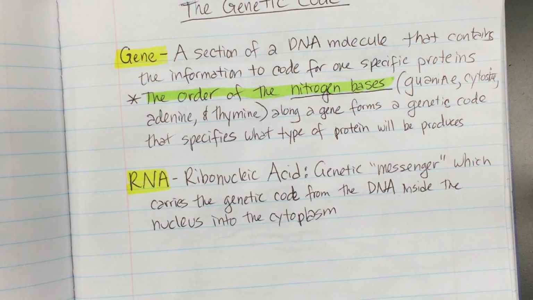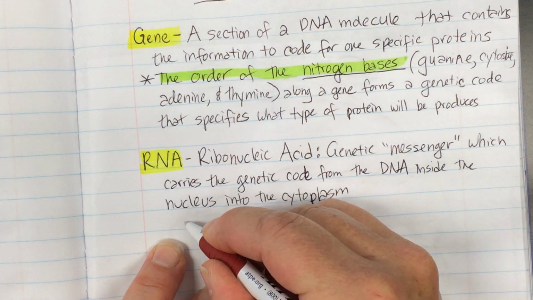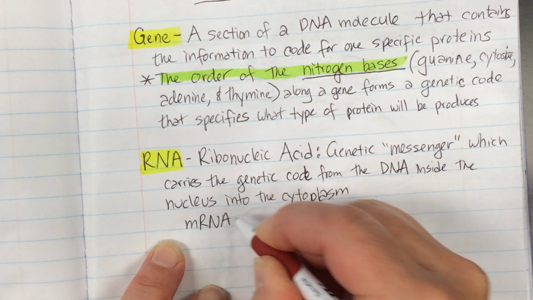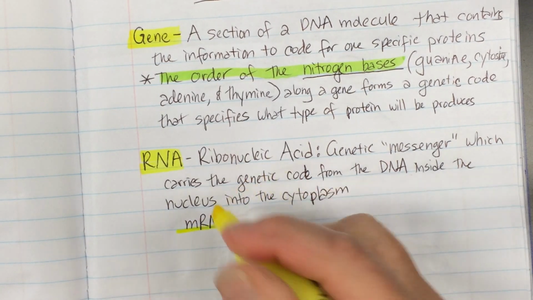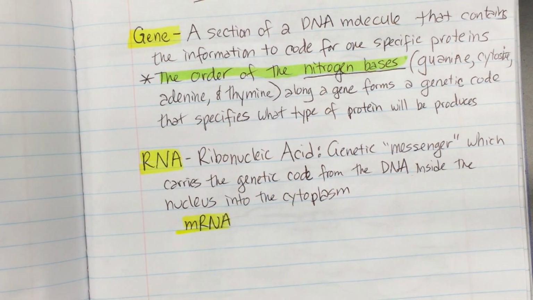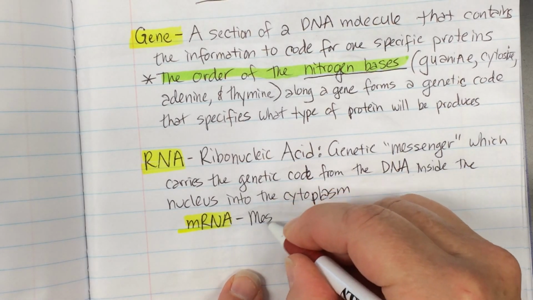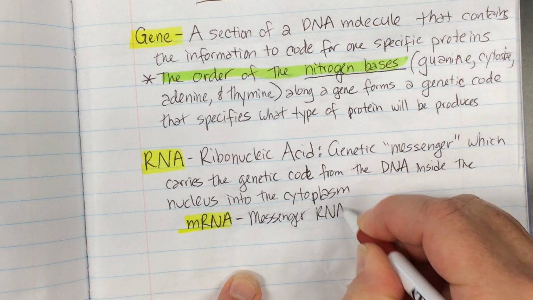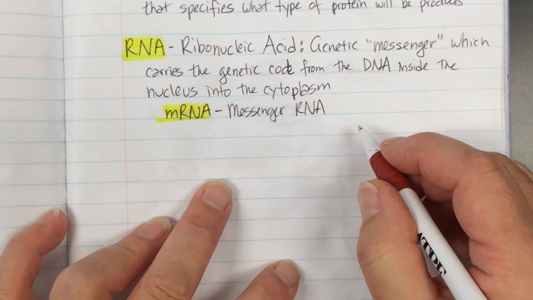Now, there's a couple kinds of RNA, and one of them we call mRNA, and guess what the M stands for? It stands for messenger. Okay? So, mRNA is messenger RNA. That's easy to remember, right? And this RNA, what does it do?